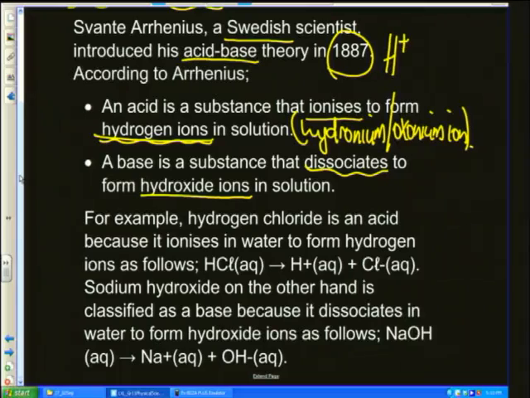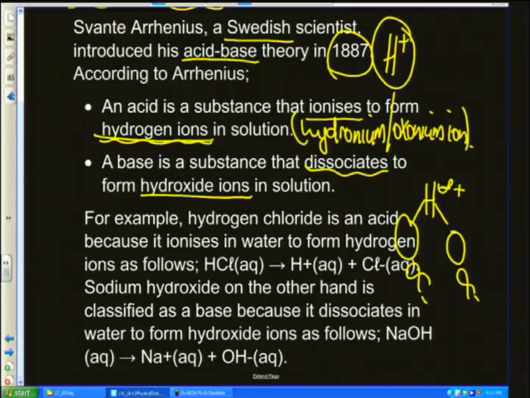But this hydrogen ion cannot exist on its own in water, because in the water molecule, H2O, the hydrogen is slightly positive.